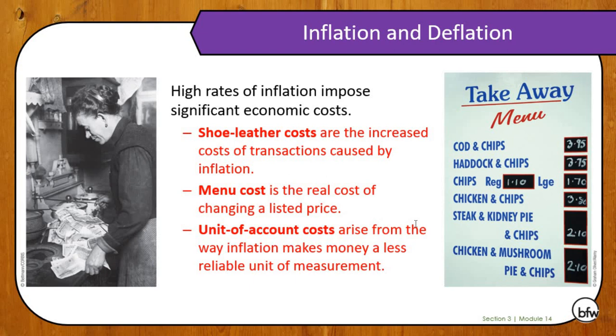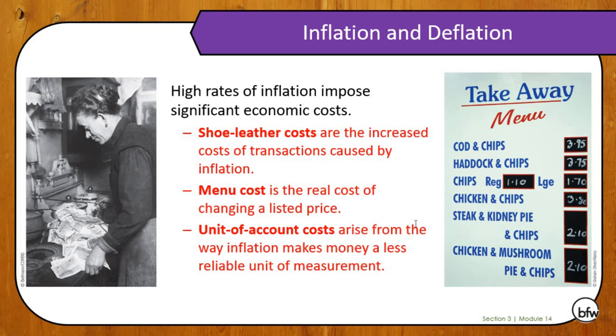If you have really high inflation, it behooves you, the consumer, to convert your cash into other things as quickly as possible, whether that's buying stocks or bonds or assets that won't get eaten away by inflation. Every time you make one of those purchases, you have to pay a fee of some sort, and those fees are the shoe leather costs, because you're running to convert your money into other things. It's wearing out the leather on your shoes.